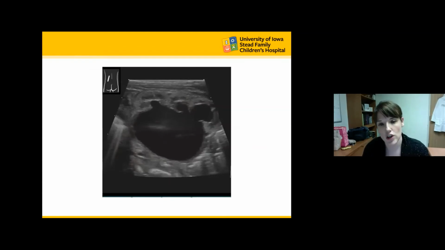If you were looking at just this one picture, what would you classify this degree of hydronephrosis? And I think this will be the last poll question.